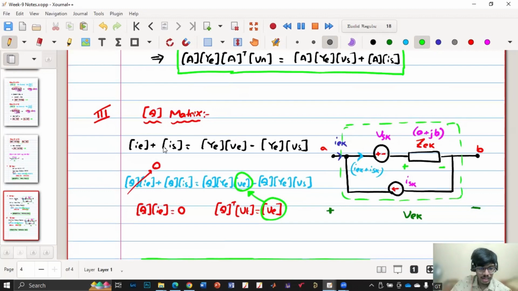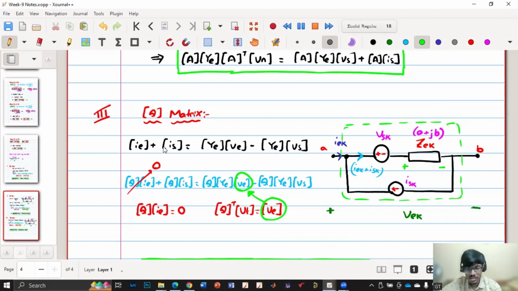So is this clear until this point? How to use the matrices and solve for the given network, solve for voltages and currents in a given network. Yes, sir. So let me consider one example.